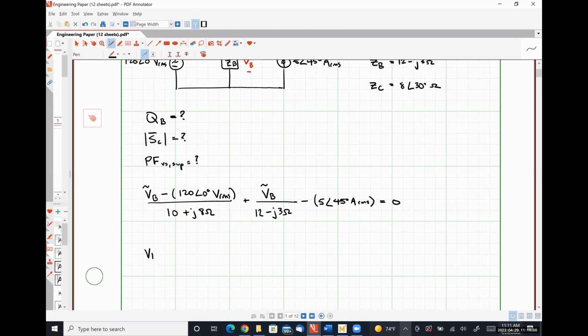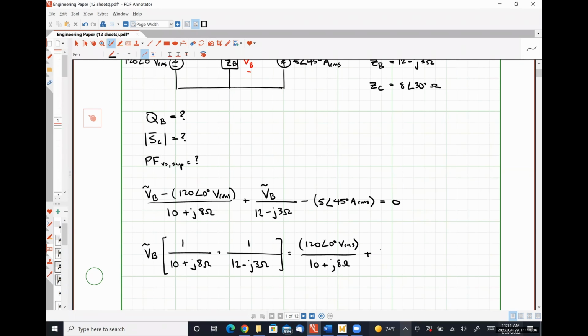And so what that's going to look like is VB multiplied by a factor of 1 over 10 plus J8 ohms plus 1 over 12 minus J3 ohms is equal to 120 angle 0 degrees volts RMS over 10 plus J8 ohms plus 5 angle 45 degrees amps RMS.